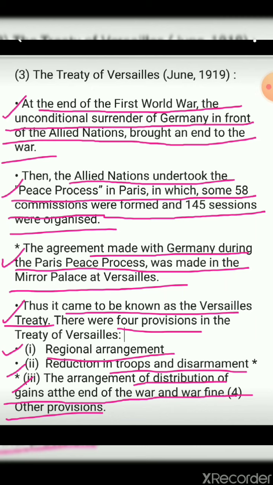Not only that, but Germany also needed to pay a war fine, and other provisions were also seen in the Treaty of Versailles, the agreement which Germany was told to sign.